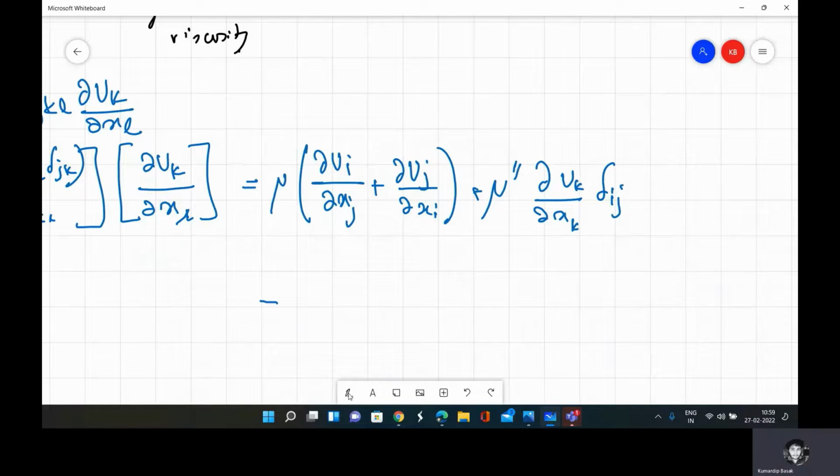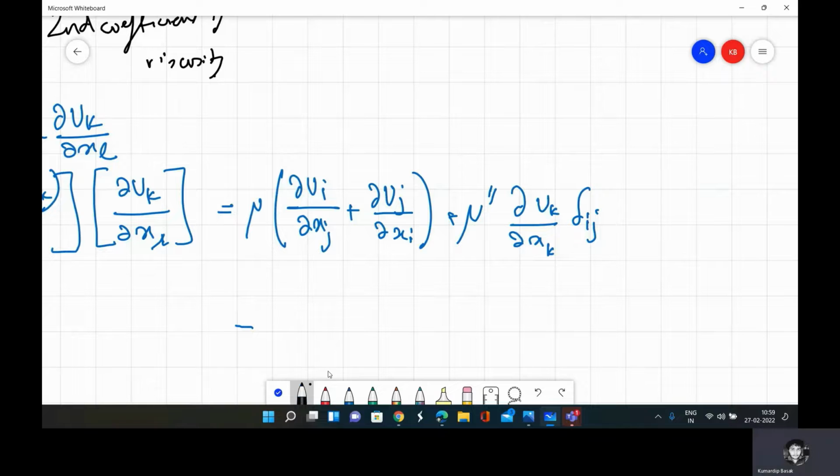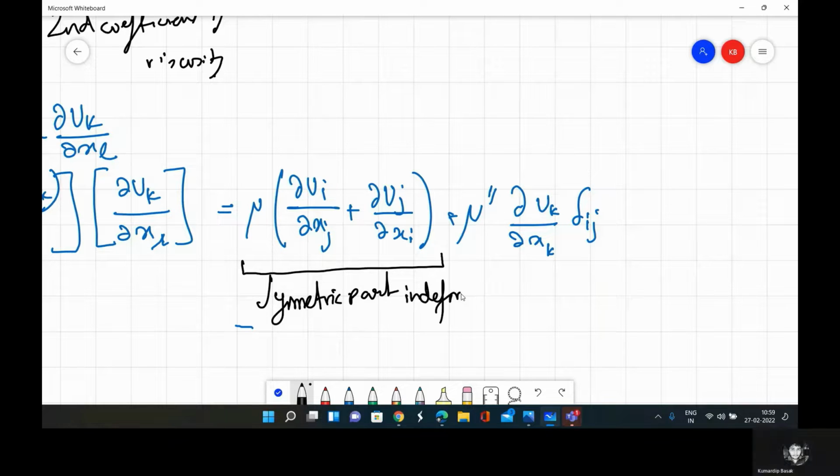Now understand this very clearly. This part, dou ui by dou xj plus dou uj by dou xi, is nothing but a symmetric part, and the symmetric part is the deformation tensor.